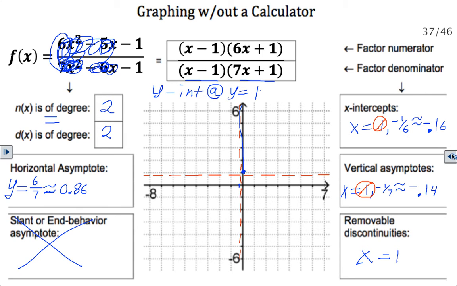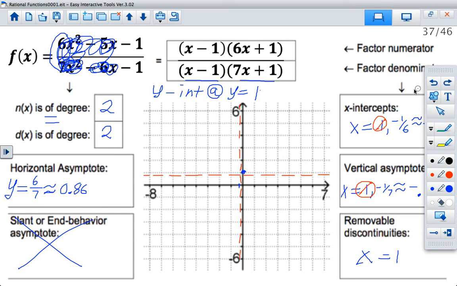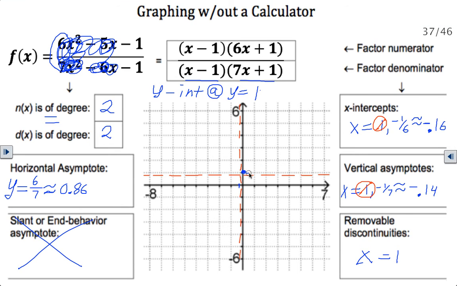Ignore what I say, listen to what I mean to say. So I know that this part of the graph is going to hug this asymptote right here, and this part of the graph is going to hug this asymptote. We're going to get really close and friendly with that asymptote.